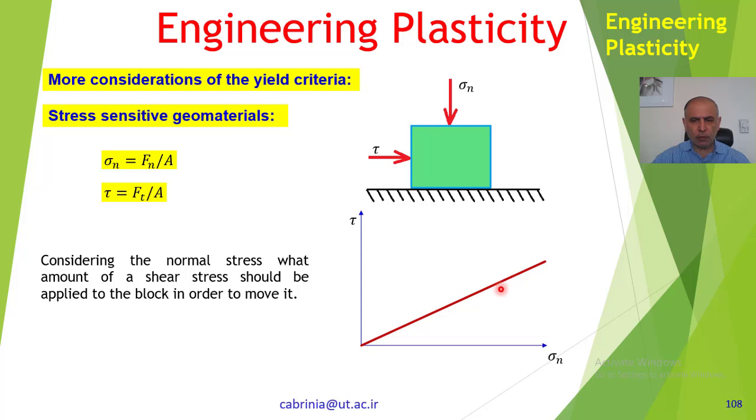If the slope is very steep, the line is like that, then it means that for smaller values of sigma n we need large values of tau. But if the slope is shallow, like this, then it means that for large values of sigma n we need smaller values of tau.